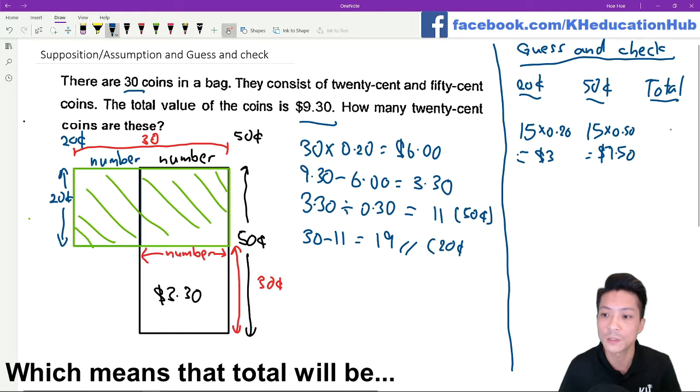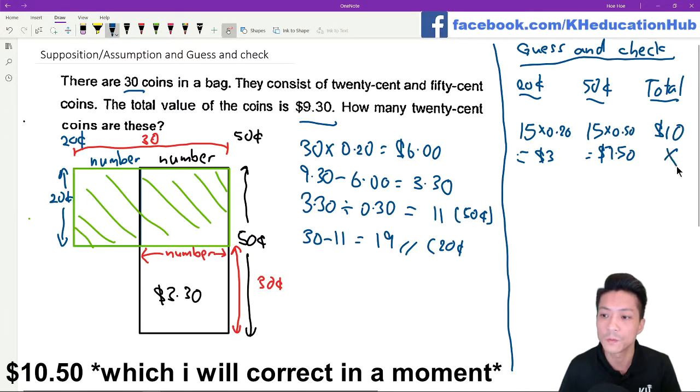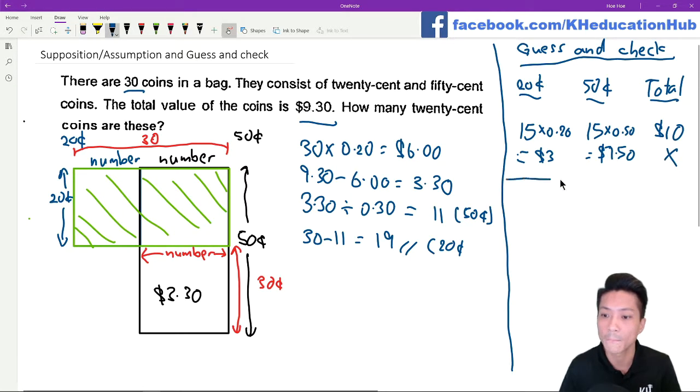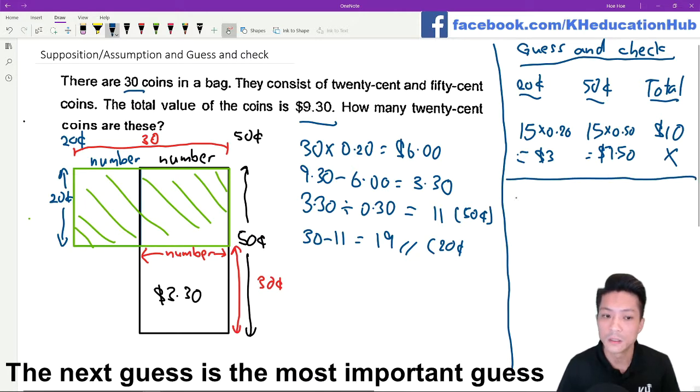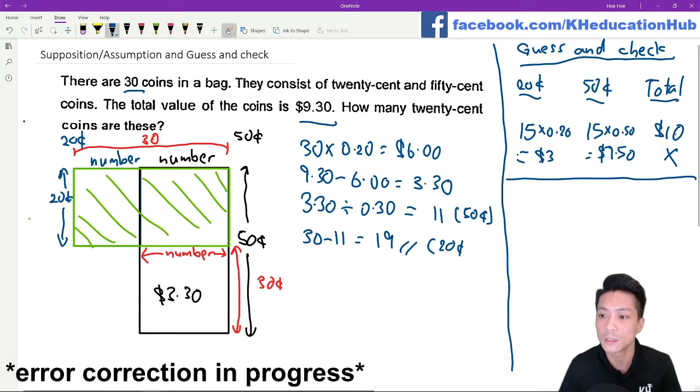Which means that the total will be $7.50 plus $3, which is $10.50, which is wrong. The next guess is the most important guess because we're gonna increase it by 1 or decrease it by 1.